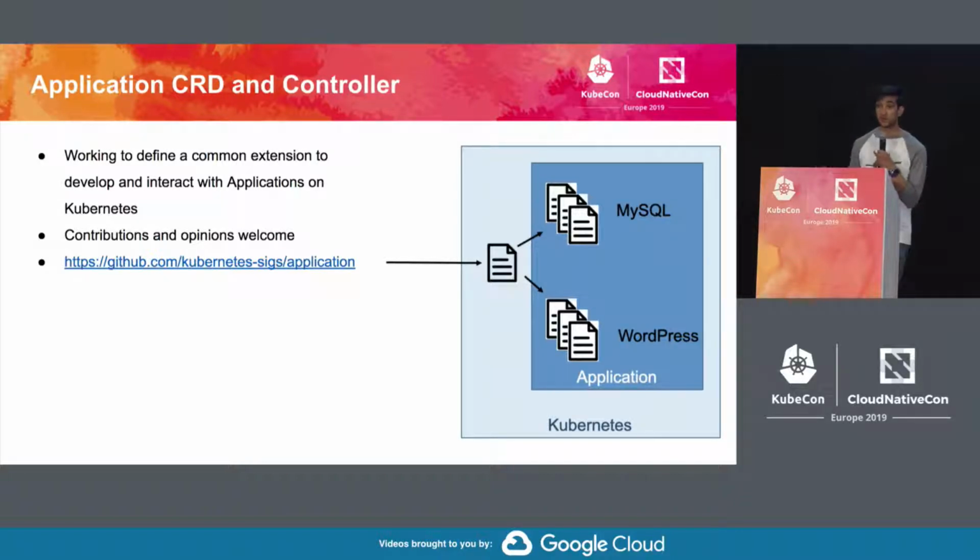And so the idea of the application CRD is to group all these resources together and have one, essentially, metadata around what's part of an application. So this is a project that's in pretty heavy development right now. You can check it out. Here's a GitHub repo if you want to get involved there.